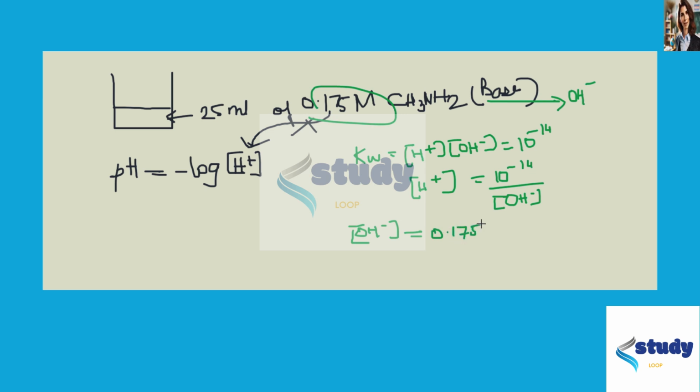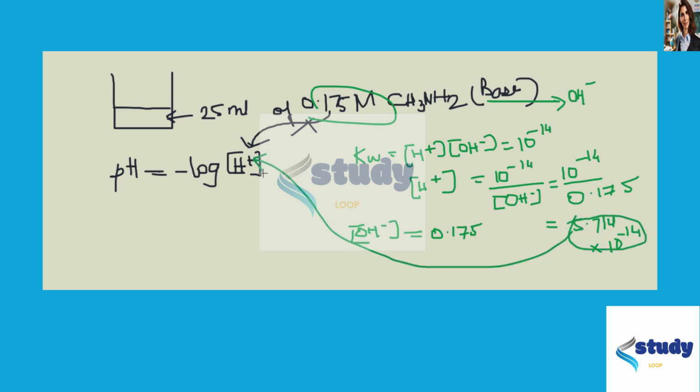Divide this, and your concentration of H plus ions is 5.714 times 10 to the power minus 14. So go ahead and take this value and plug it in here, and you'll get a pH of 13.24.